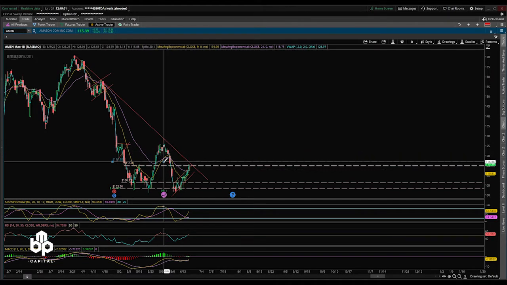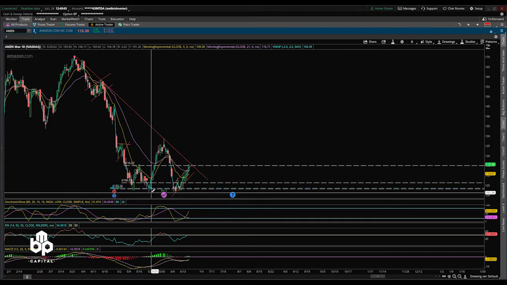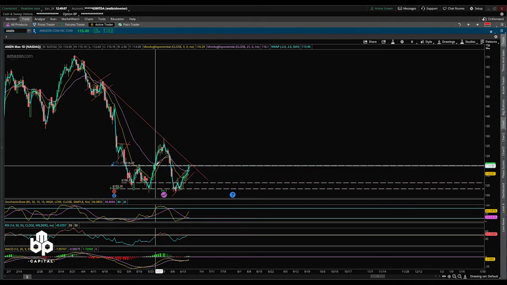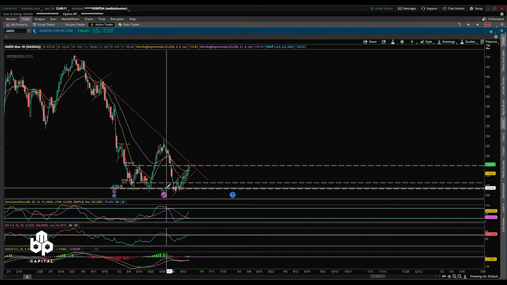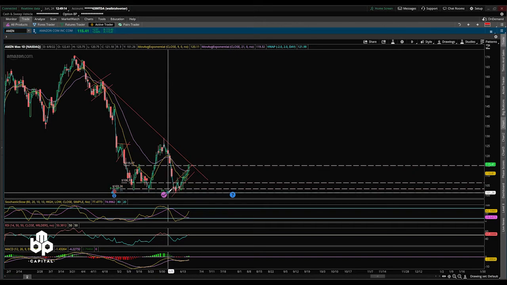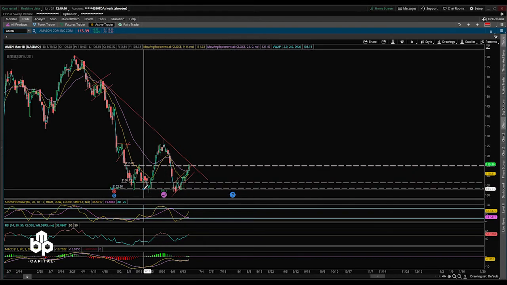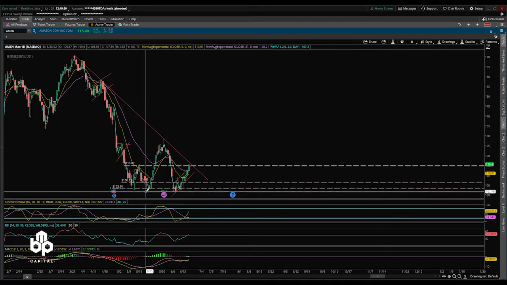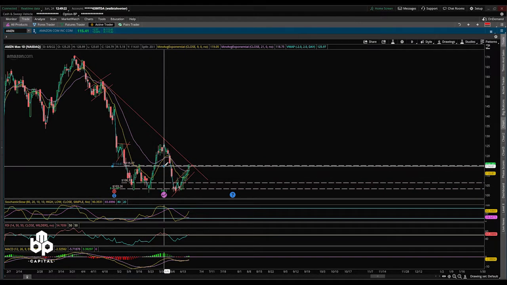Again, things can change, and you might leave some money on the table, but you don't know if this is a double bottom or not. Price action can bounce at 115 and shoot back down and create an inverted head and shoulders. So before you jump into any call on a double bottom, it needs to break this neckline.